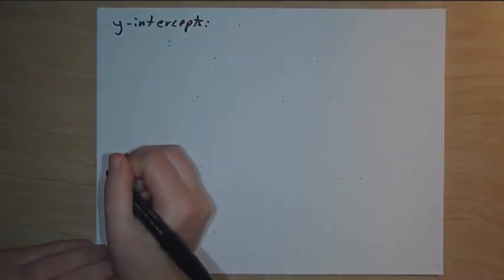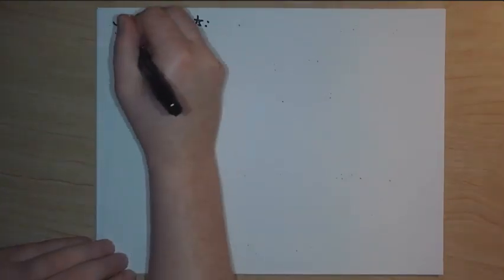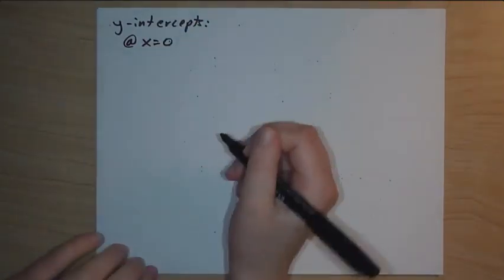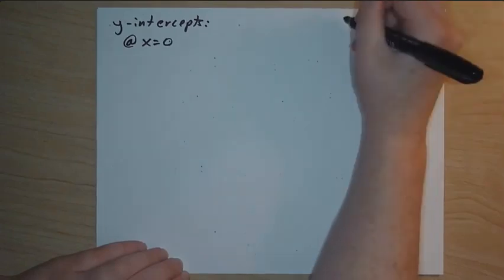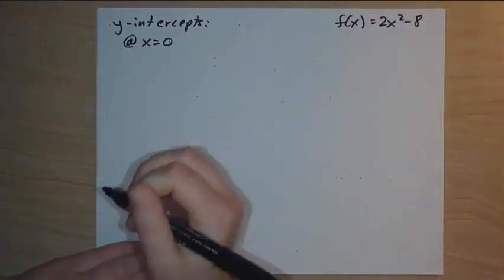Our y-intercept will be the opposite of our x-intercepts. If our x-intercepts were at y equal to 0, then our y-intercept is when x is equal to 0. So remember our function f of x is equal to 2x squared minus 8.